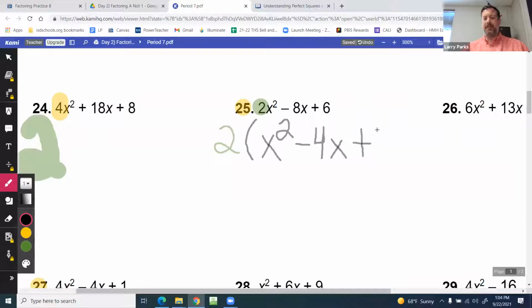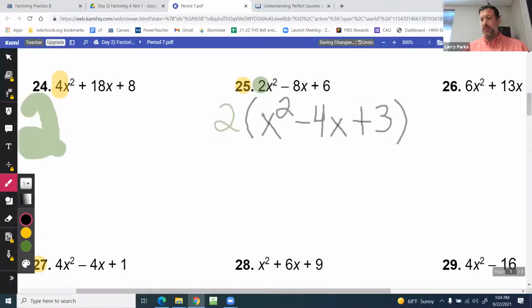Now from this step, you could do exactly what we did last class period because A is 1. So I make the little factor x. I'm trying to find 2 numbers that multiply to 3, but add to negative 4. That would be negative 3 and negative 1.